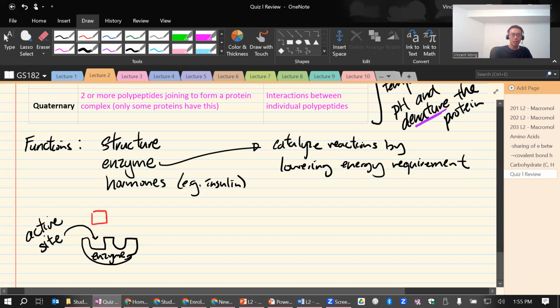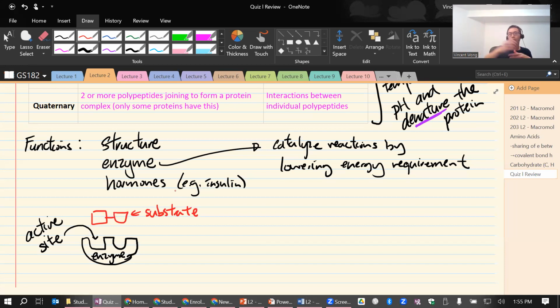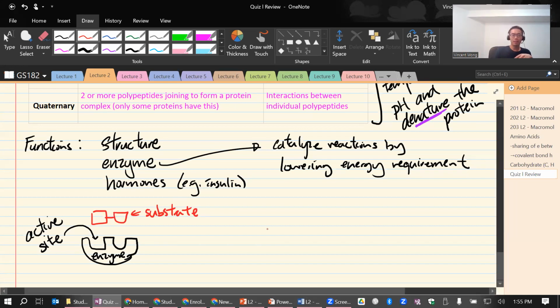Okay, and then the pocket would allow you to fit some molecules in it, right? This is the substrate. So the substrate would fit into the enzyme. And again, there is a key and lock relationship. So the enzyme will only work for a particular substrate. If I have another substrate that looks like this, pointy, it will not fit into the active site.